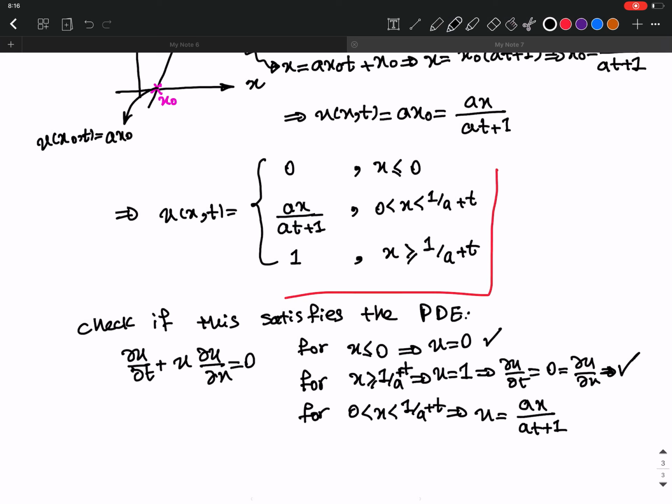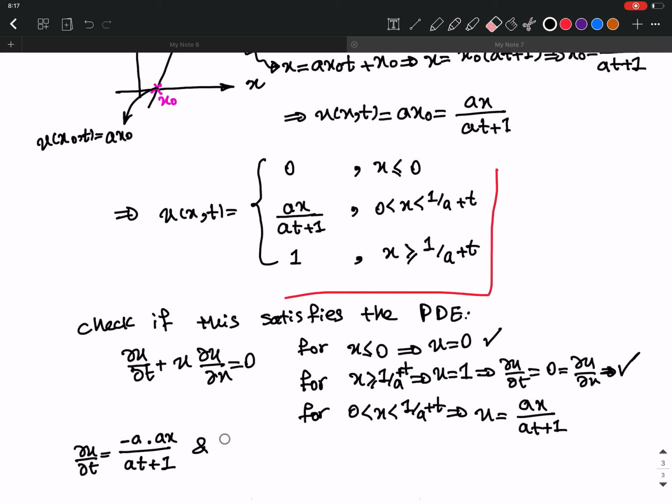So let's see if this also satisfies Burgers' equation. Partial u over partial t, if you take the derivative with respect to time, you are going to get minus a times a x over (at plus 1).